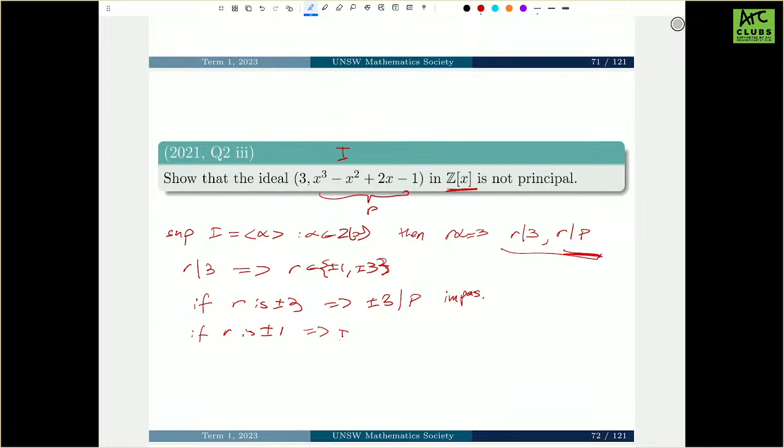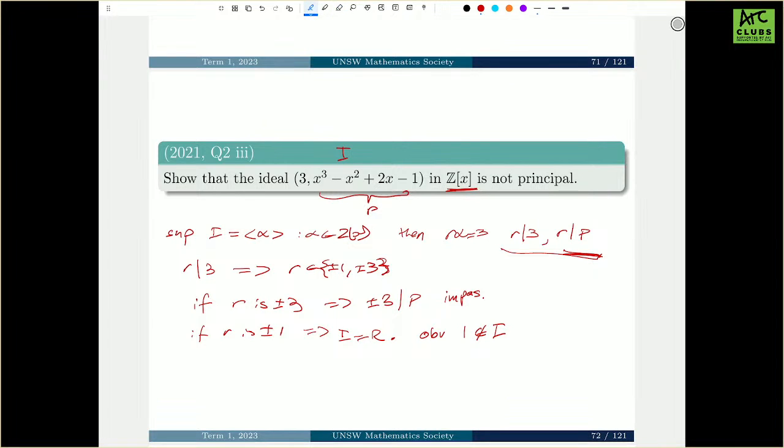So that should imply I is R. But is this the case? Or you can just say, does I contain 1? Yeah, obviously 1 is not in I, because we need to get our contradiction.